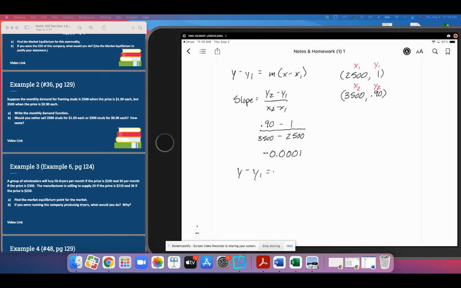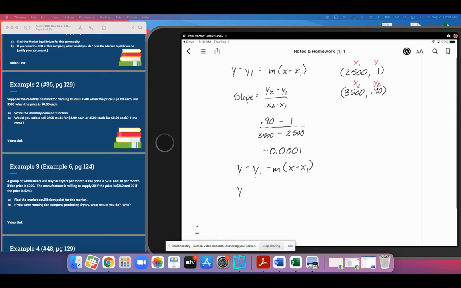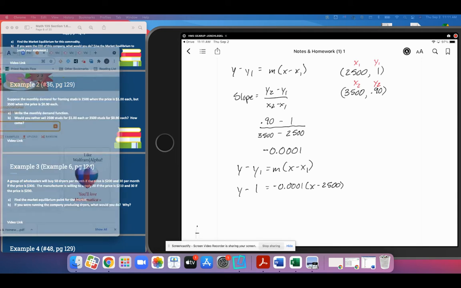And so we do have our point slope form here. Y minus y1 equals m times x minus x1. Let's go ahead and swing our information in there. So we have y minus y1, which is 1, is equal to our slope of negative 0.0001 times x minus x1, which is 2,500. So we're going to go ahead and give that to Wolfram, everyone, and see what we get as a result.